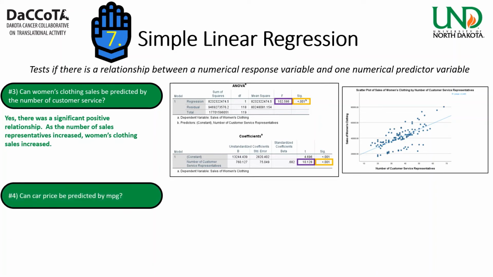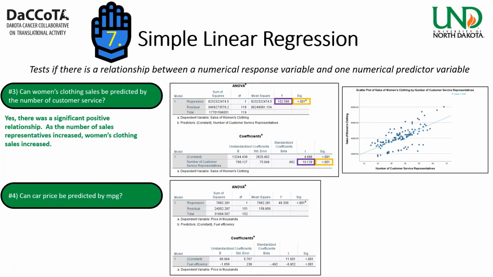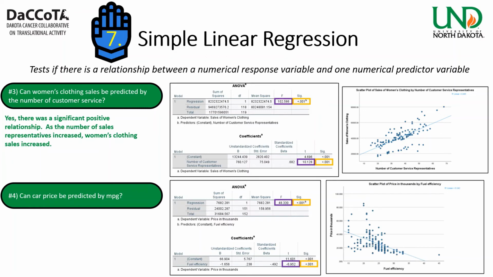Turning to a non-clothes example, let's look at car price predicted by MPG. So our more expensive cars have different MPG. We see that was significant. Now we have a negative t-value. That means there's going to be a negative relationship. So there is a significant negative relationship: as fuel efficiency increased, price decreased.